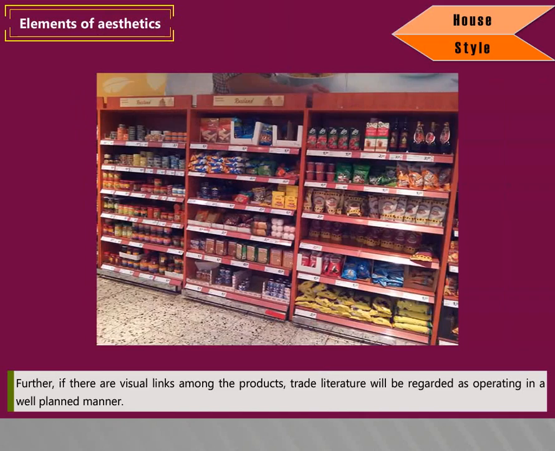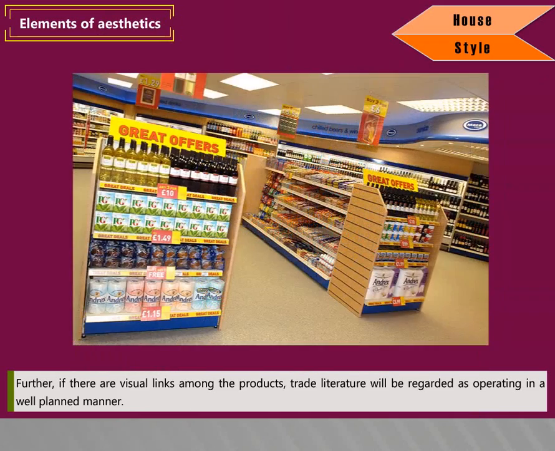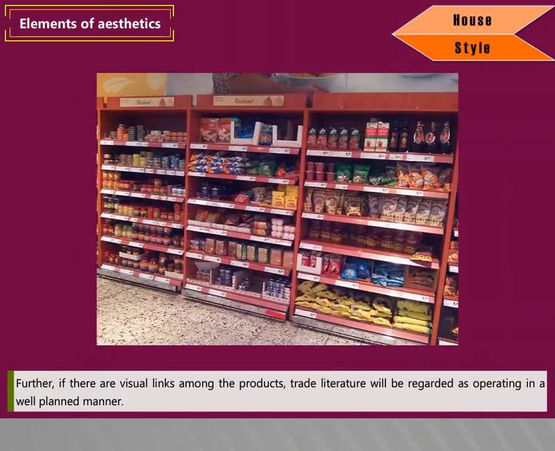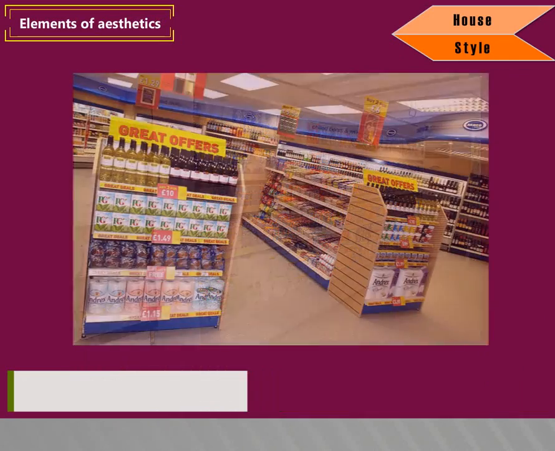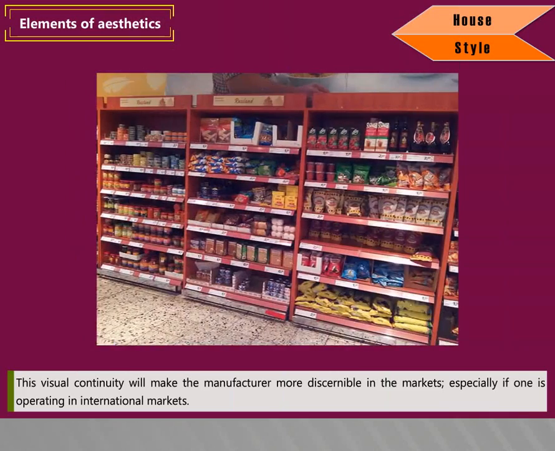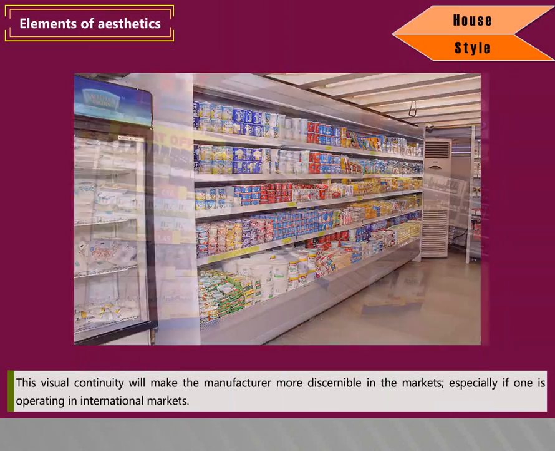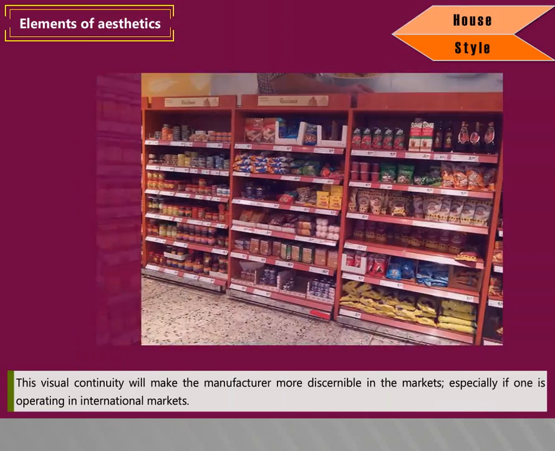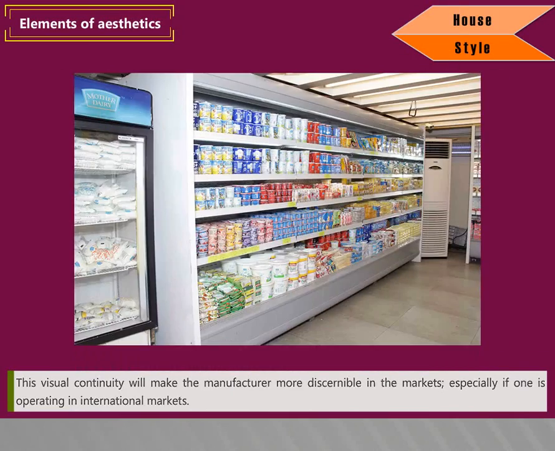Further, if there are visual links among the products, trade literature will be regarded as operating in a well-planned manner. This visual continuity will make the manufacturer more discernible in the markets, especially if one is operating in international markets.